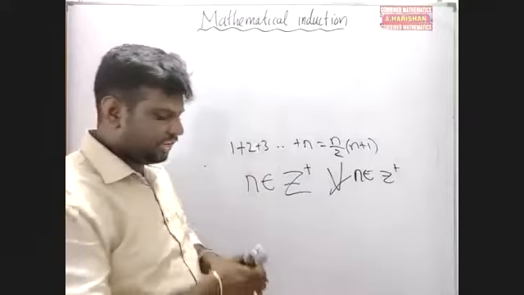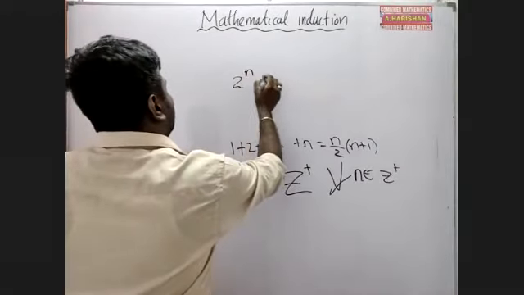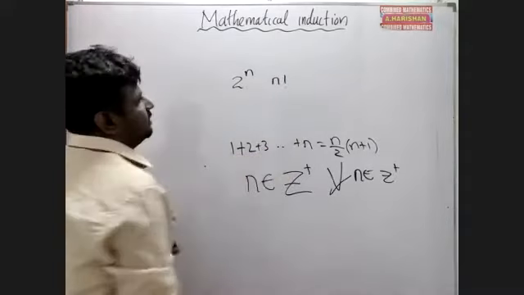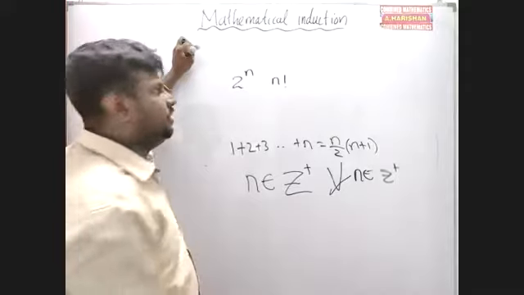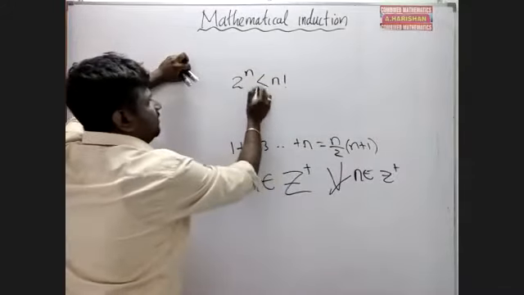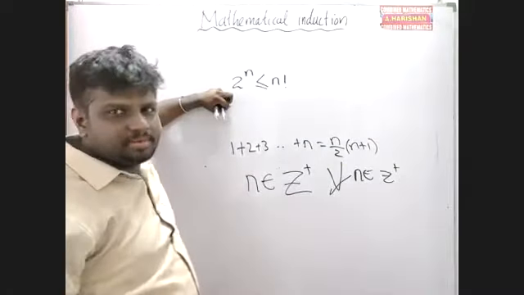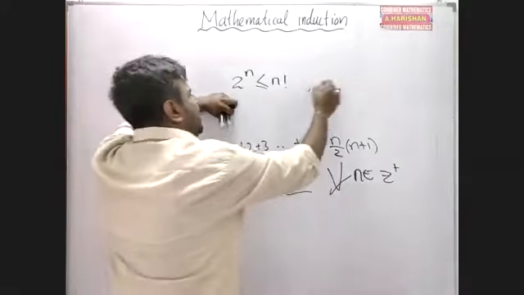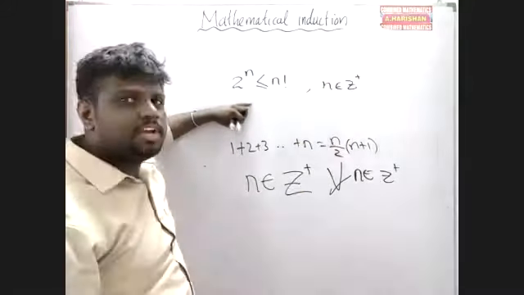For example, if I say 2 to the power n is less than or equal to n factorial, this is the statement I came up with, and I say it is true for any positive n. What will you do?